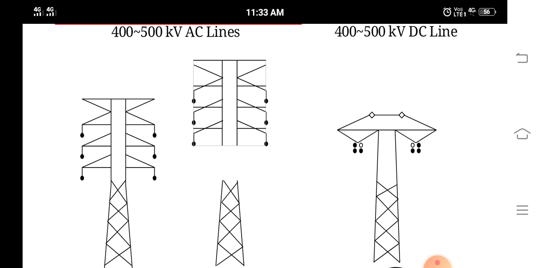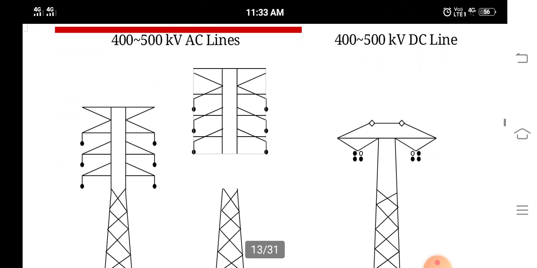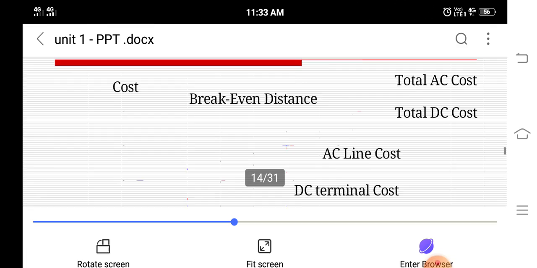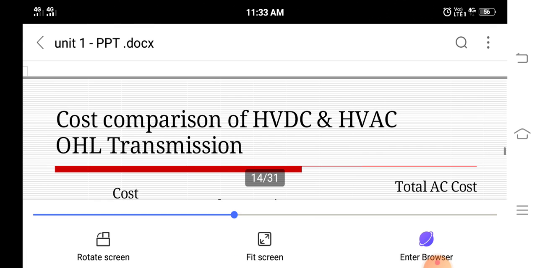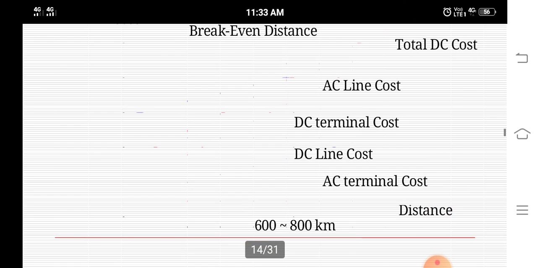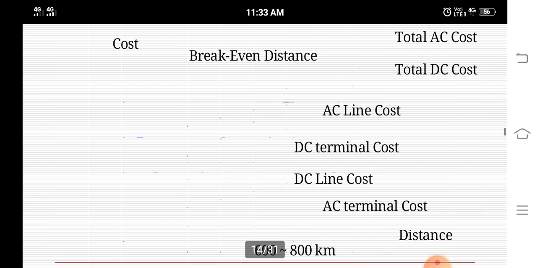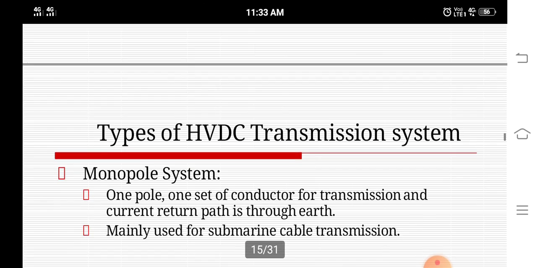The AC line has 400 to 500 kilovolt, and the DC line has 400 to 500 kilovolt, for transmitting the same power from one end to another. This is the cost comparison of HVDC and HVAC overhead line transmission. Cost wise, the most preferable economic option is the HVDC system.